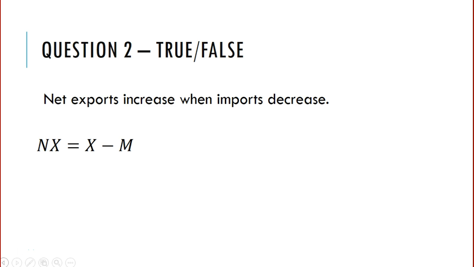Second true-false question. Net exports increase when imports decrease. This is true. If we've got exports minus imports equals net exports, if we decrease M, then all other things remaining equal, namely exports, then net exports will rise.